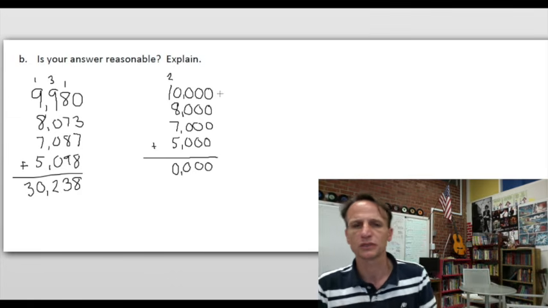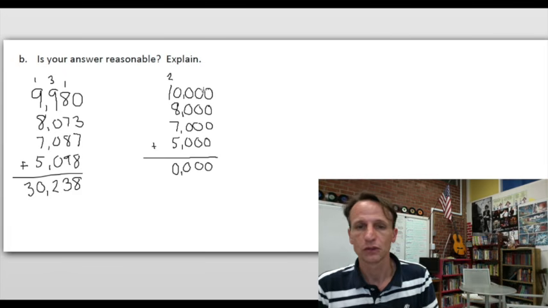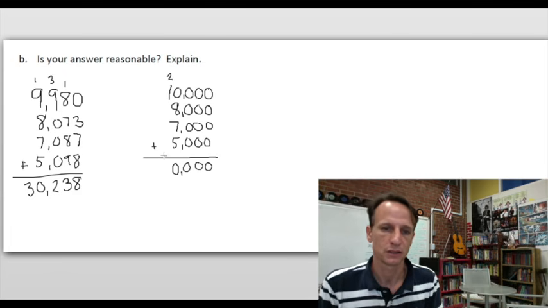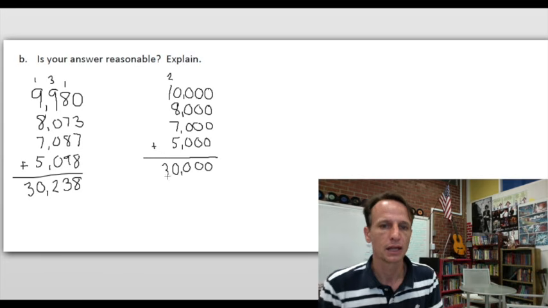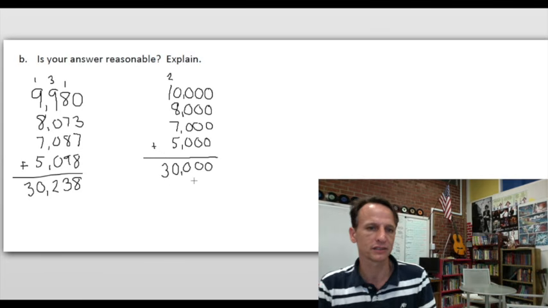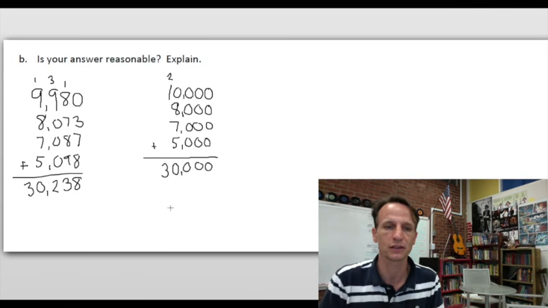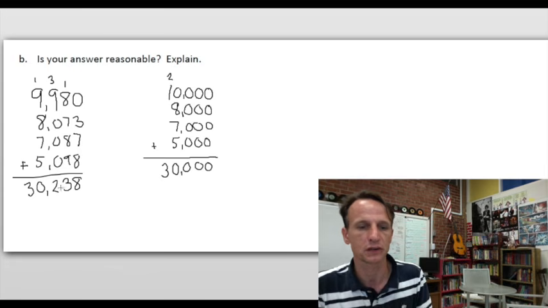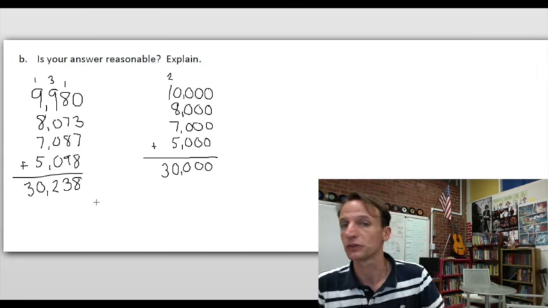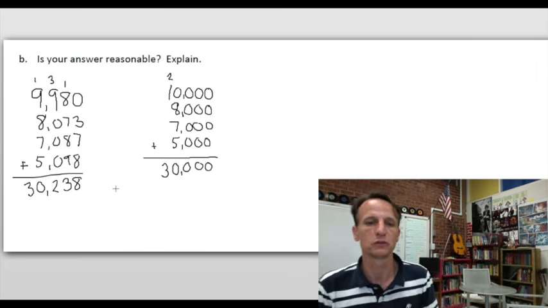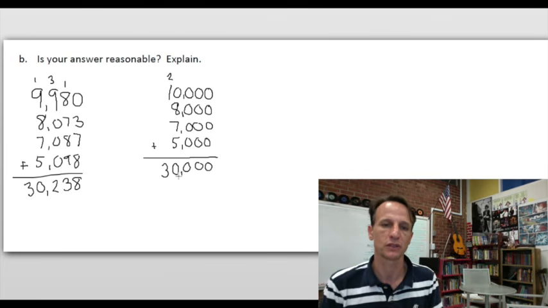Common mistake here is to regroup a 2, but then call it 1. But it's a 2. 2 and 1 make, got it, 30. So look, our estimate and our actual number, they are right close together. In fact, if we rounded 30,000 to the nearest 10,000 or 1,000, it would round to our estimate of 30,000.